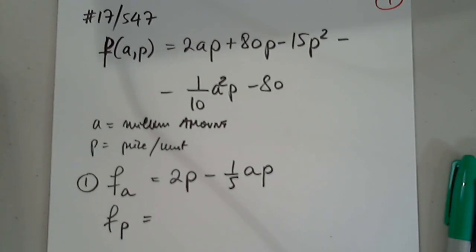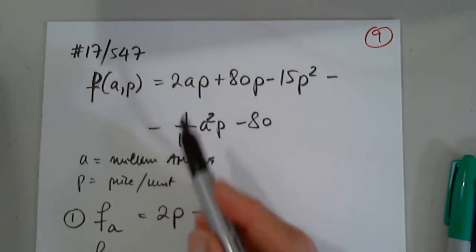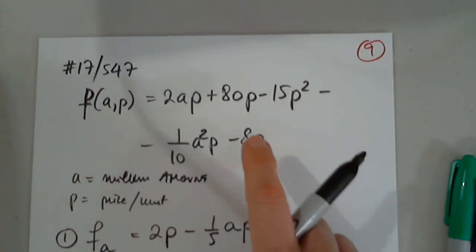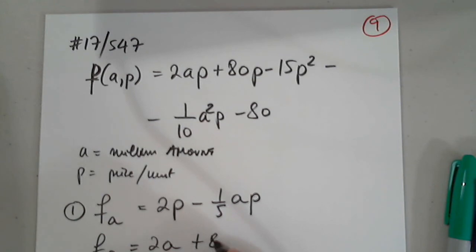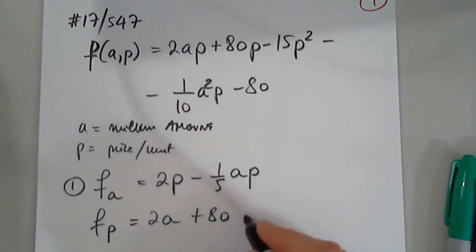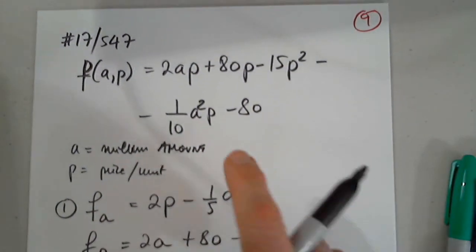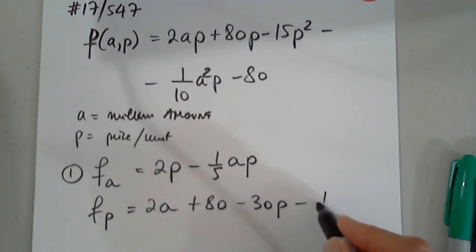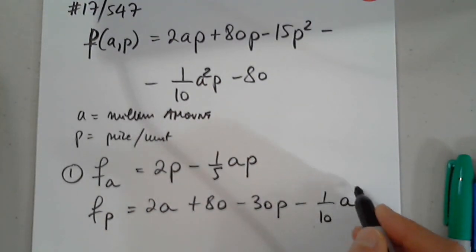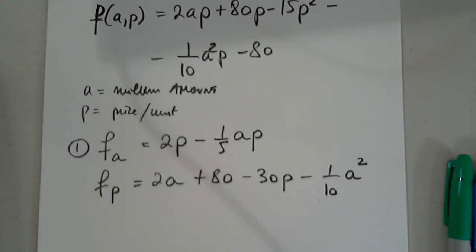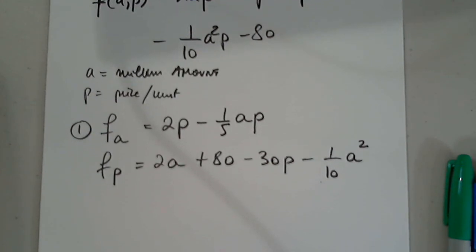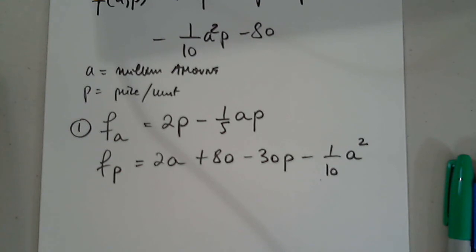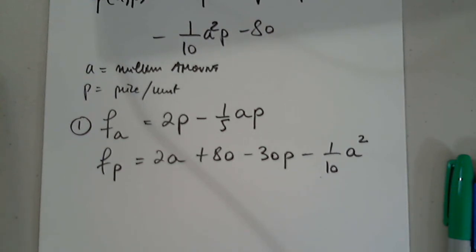Now we differentiate with respect to p. So this is 2a, and this is plus 80, and this is minus 30p, and this is minus 1 over 10 a squared. Before we find f_aa and f_pp and f_ap and f_pa, we don't need the second one.